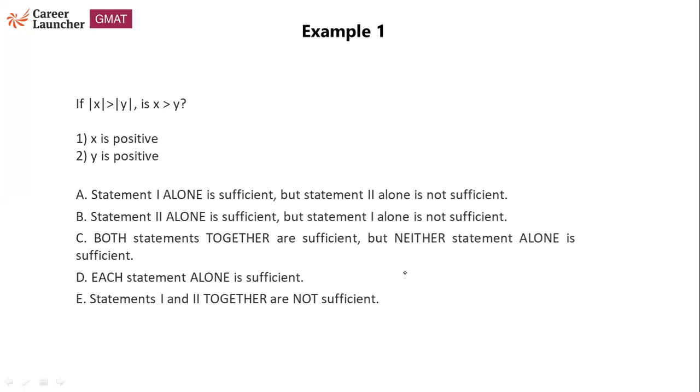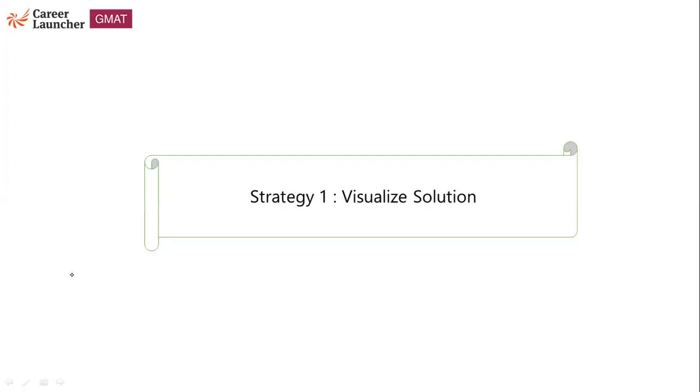Let's understand why and how, and what's a broader point to remember for your preparation: visualize the solution. A lot of times it happens, specifically on inequalities and modulus type questions, that not including a few values might change your answer.